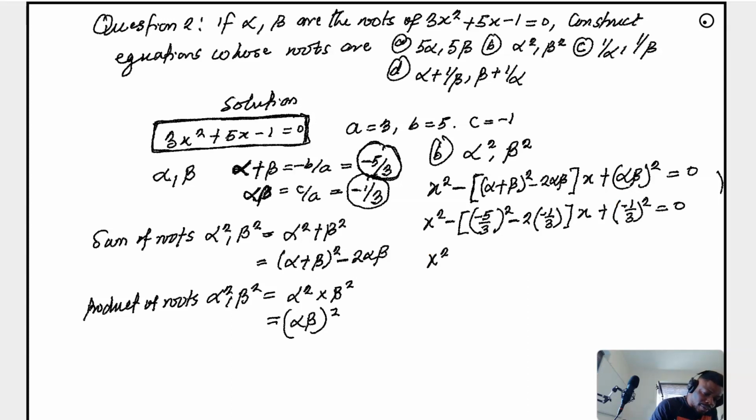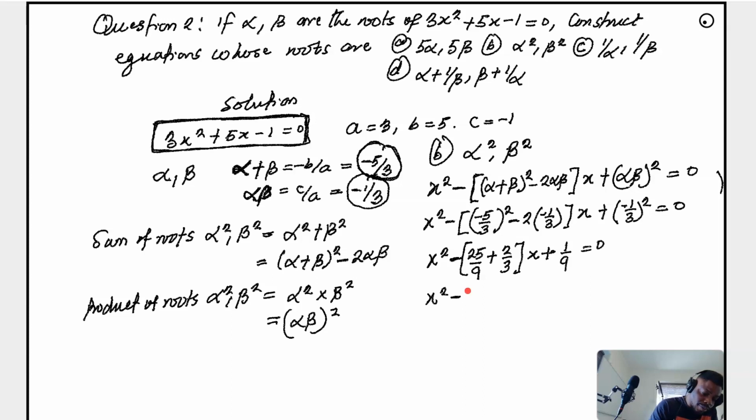Then plus alpha beta, which is minus 1 over 3, squared, is equal to 0. So x squared minus 5 squared, that is 25, then 3 squared, that is 9. Okay? Minus times minus, that is plus. This is 2 over 3 x. So plus minus 1 squared is 1, 3 squared is 9. So this is 1 over 9 is equal to 0.